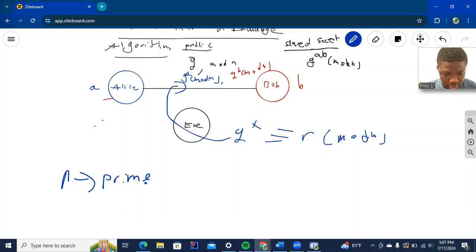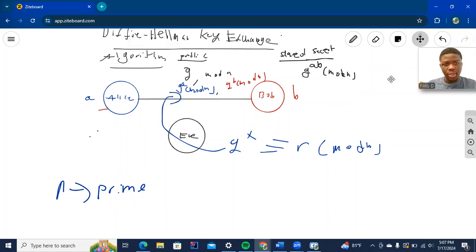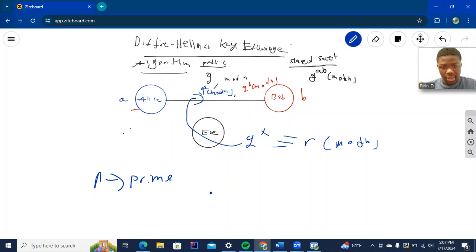The other thing I want to talk about is that in the Diffie-Hellman key exchange algorithm, you use something called a finite field, and it's represented by something like F_x. Basically it's a pretentious way of saying that you only have access to the integers from 0 to x minus 1.